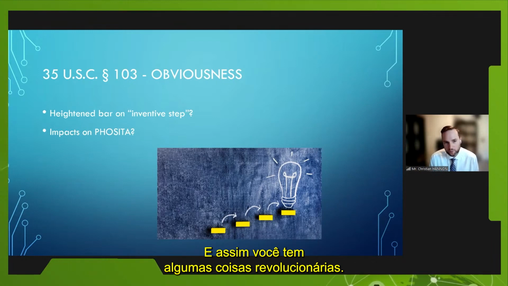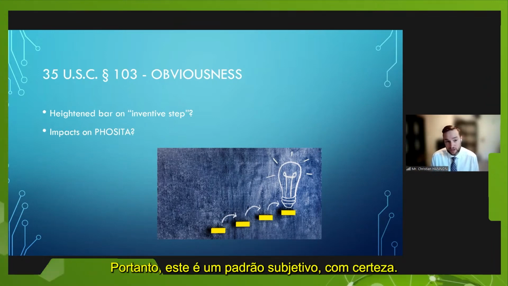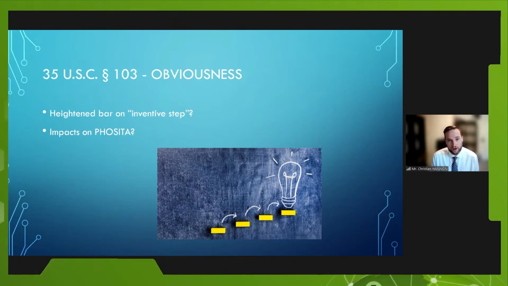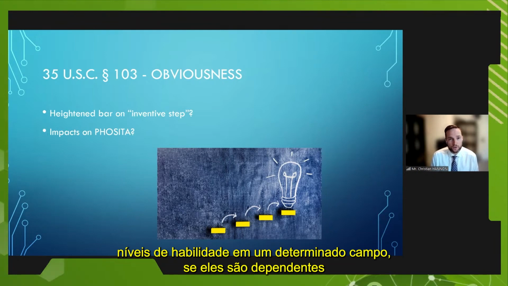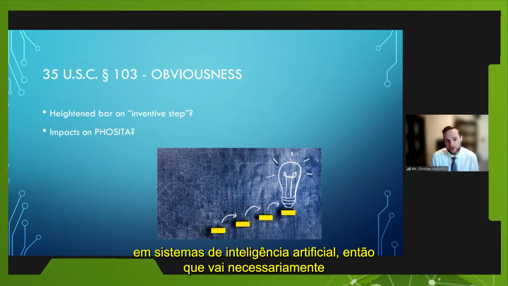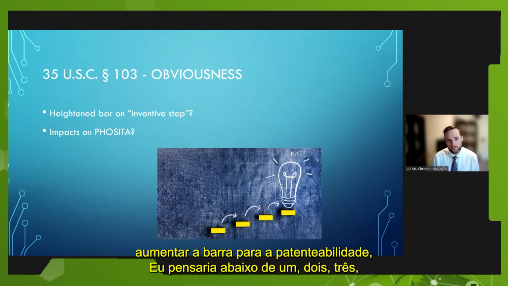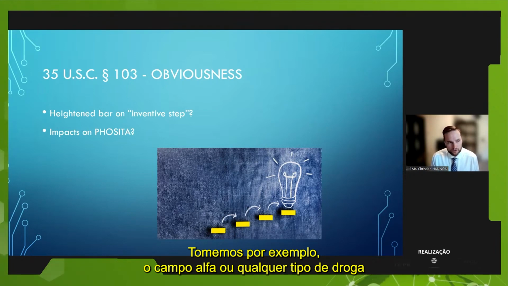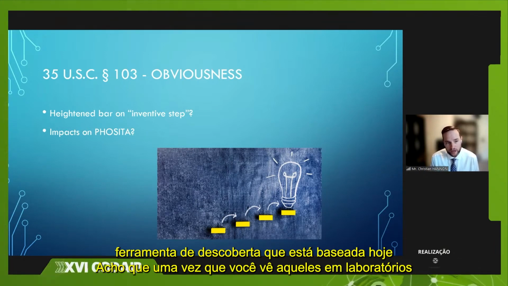And so you've got some breakthrough things. This is a subjective standard for sure. But I think the implications for AI here are that when we have levels of skill in a particular field reliant on artificial intelligence systems, that's necessarily going to increase the bar for patentability under 103, I would think. Take, for example, AlphaFold or any sort of drug discovery tool that's AI-based today.